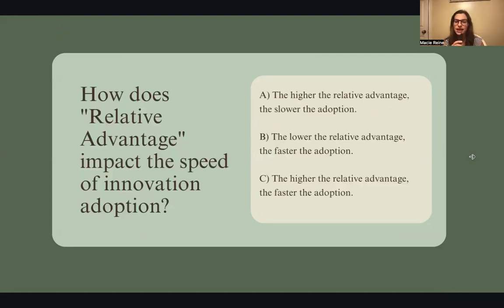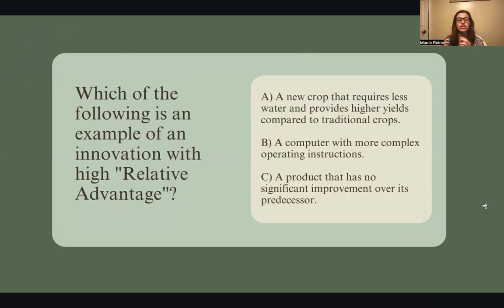How does relative advantage impact the speed of innovation adoption? The correct answer is C. The higher the relative advantage, the faster the adoption. Which of the following is an example of an innovation with a high relative advantage?